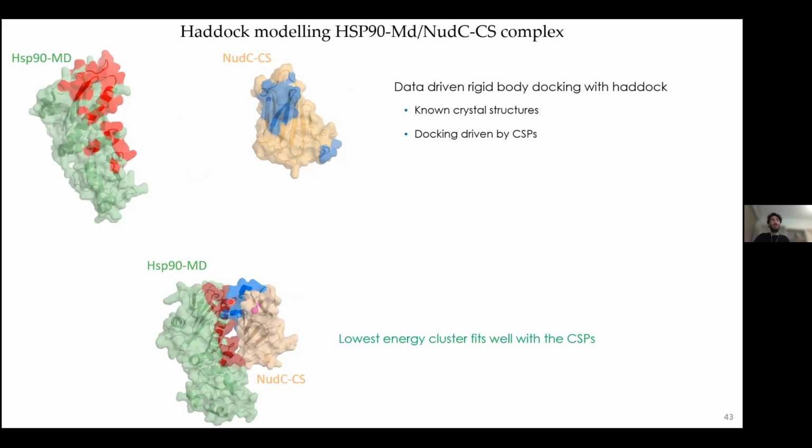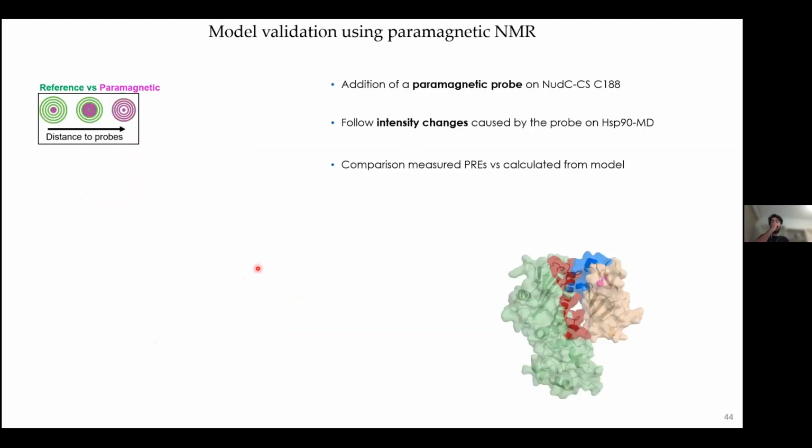So we need to validate the structure. And to validate this structure, we turn to another NMR approach, that is paramagnetic NMR, in which we chemically introduce a probe onto a cysteine of the NASP CS domain. And this paramagnetic probe has the effect of drastically reducing the intensity of the peaks of the residues that are close to it in space.